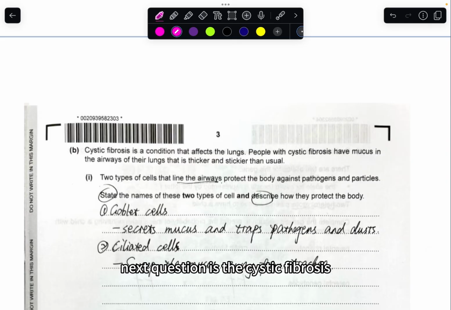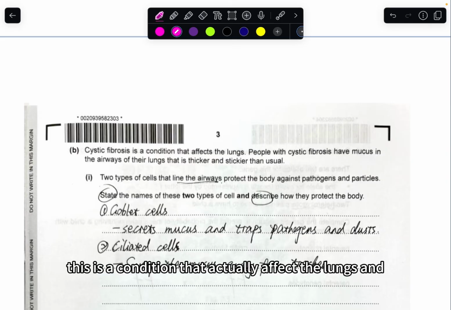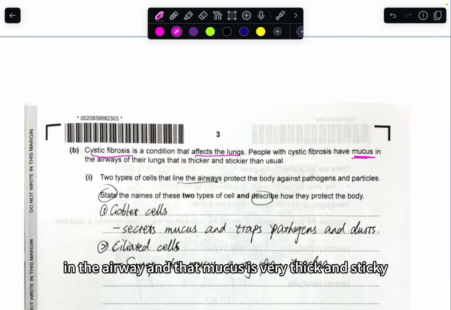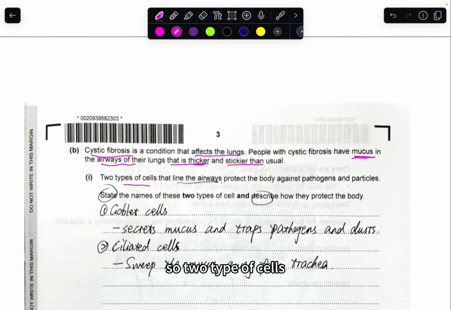Next question is about cystic fibrosis. This is a condition that affects the lungs, and in this condition, a person has mucus in the airway, and that mucus is very thick and sticky. There are two types of cells in the airway that protect our body against pathogens and particles.